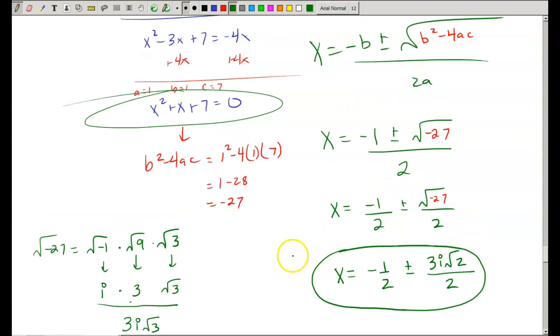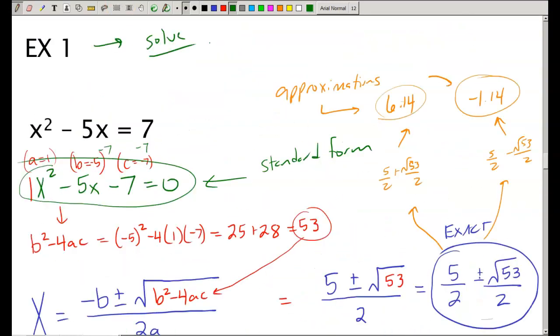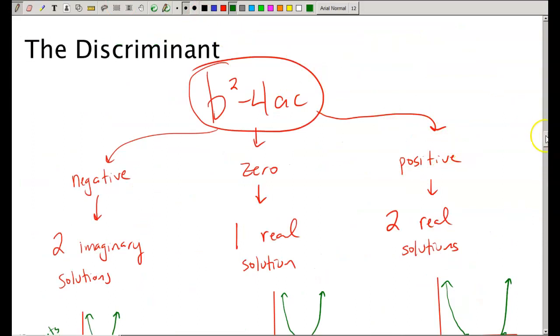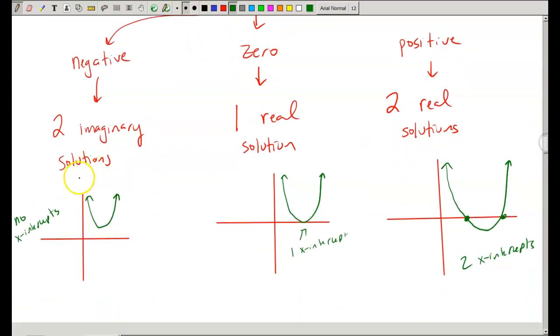Now again, as we've done all along, if we were to graph this equation, x squared plus x plus 7, because we have imaginary solutions, go back to the first thing that we did. Our discriminant was negative, therefore our graph should have no zeros. It shouldn't have any x-intercepts on the real number graph.